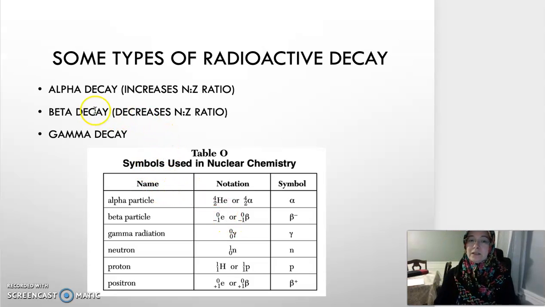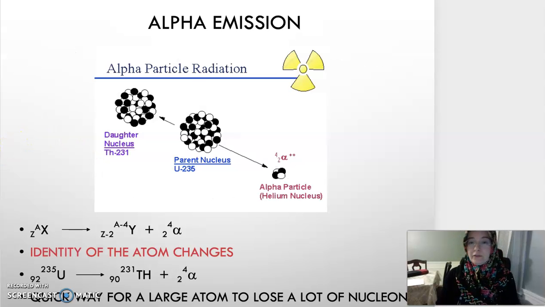So let's analyze alpha decay, beta decay, and gamma decay one by one. Let's start with alpha decay or alpha emission. We have the parent nucleus. This is the initial radioactive element. If it goes through alpha decay, it is going to emit an alpha particle, which is 2 protons, 4 mass. 2 protons, you can say 2 neutrons, because 2 plus 2 is 4.